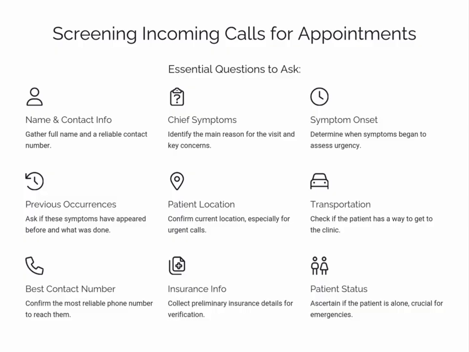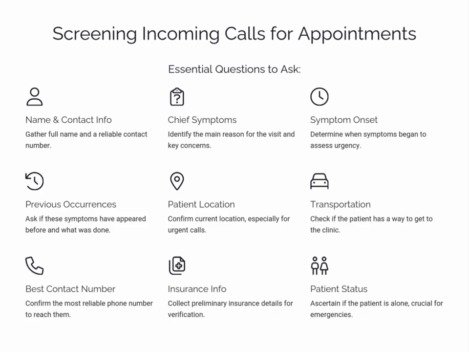And when I say contact information, I mean a reliable phone number. Yes, if they are an established patient, you probably do have a phone number on file for them, but you need to confirm that that is the number they want to be called back at, because sometimes they have a new phone number or they're at work instead and they want to be called back at work. So you have to get that information.